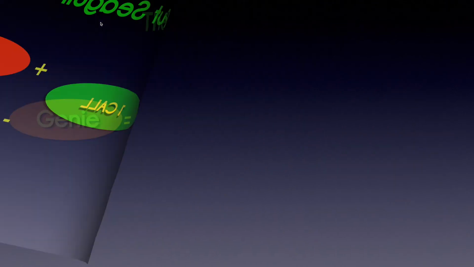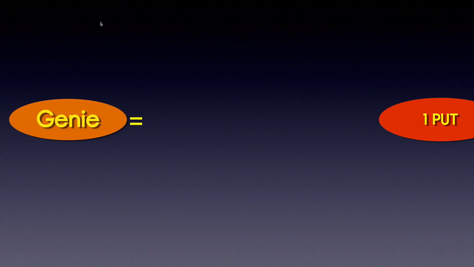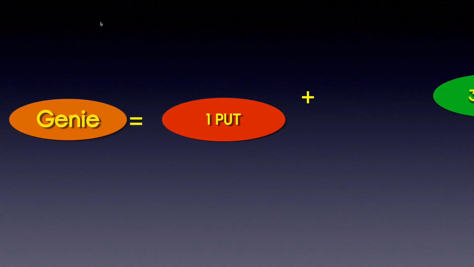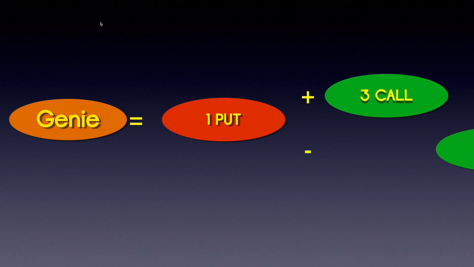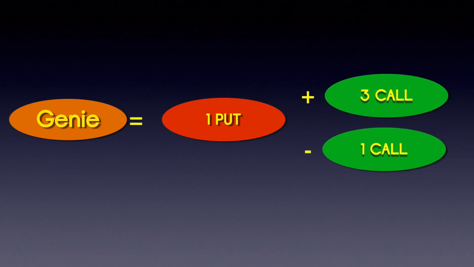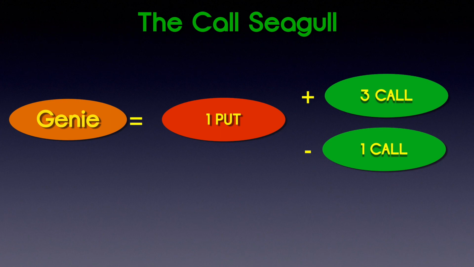A synthetic equivalent to the Genie is 1 long put, 3 long calls, and 1 short call, and we're going to call that the call Seagull. Keep in mind that these are synthetically the same trade.